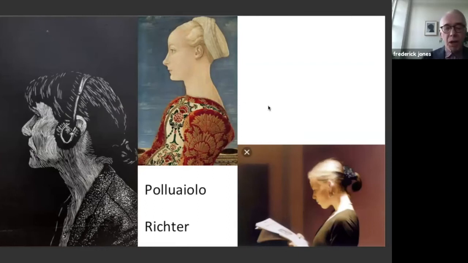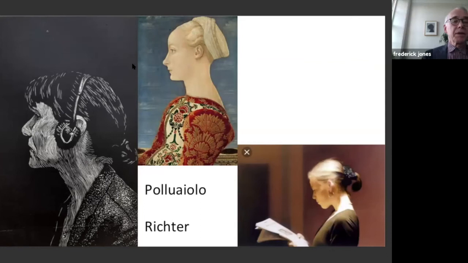The Pollaiuolo is just one of many examples, a particularly nice one. So I didn't have that single image in mind when I did my left-facing portrait, but I had the genre in mind. But I made it modern by the inclusion of headphones.